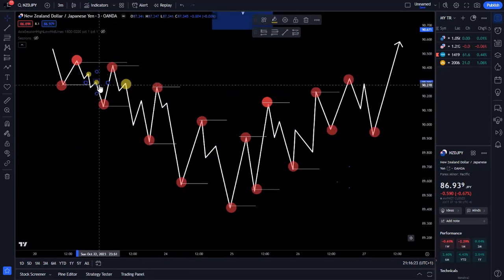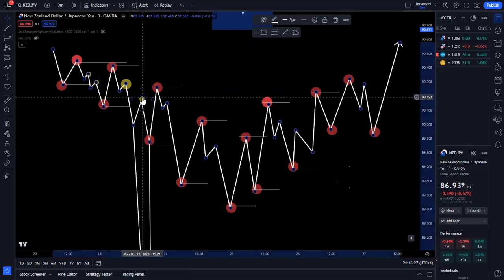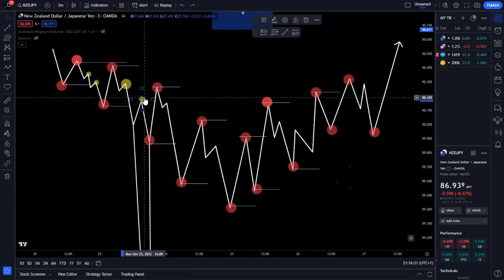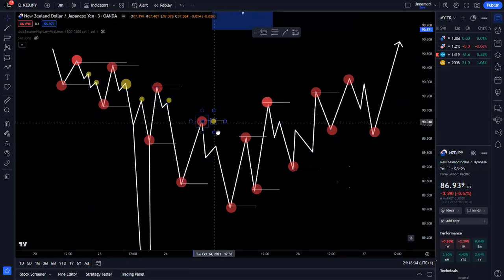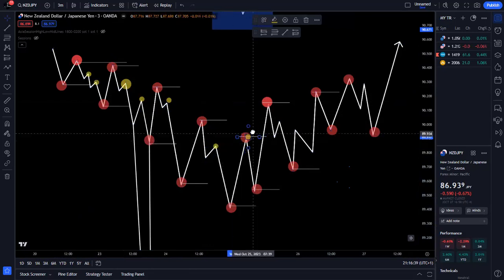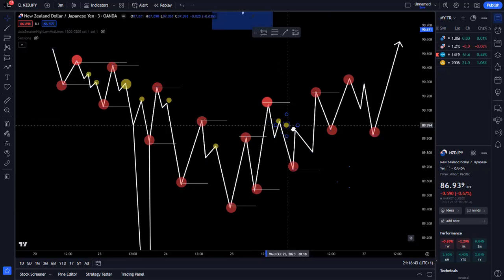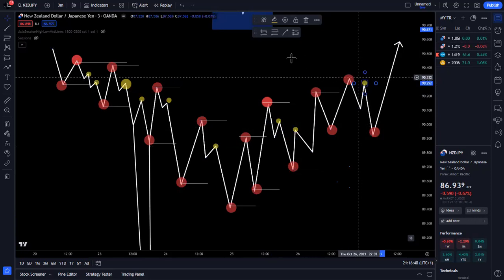Now these internal highs, they are also highs. All these internal highs you are seeing, they are also highs.